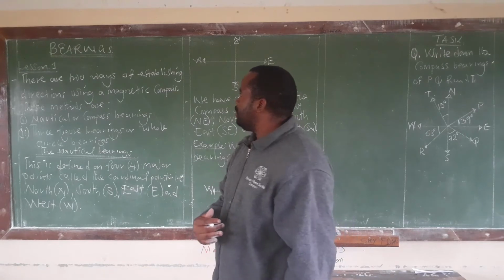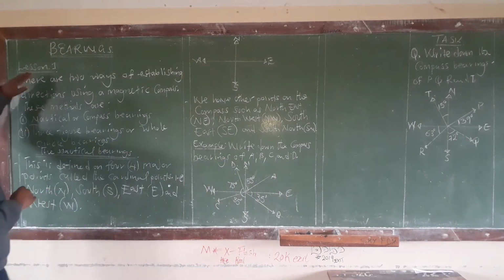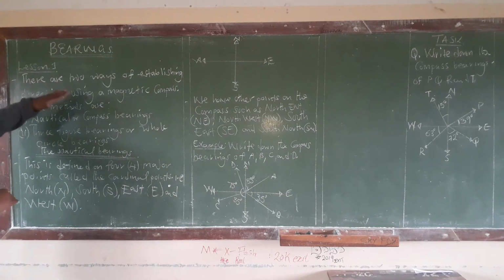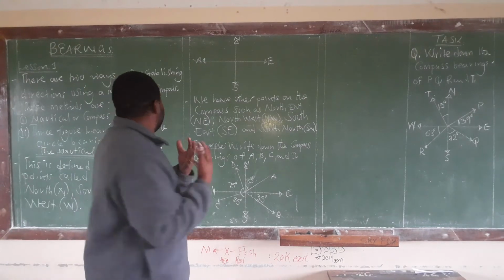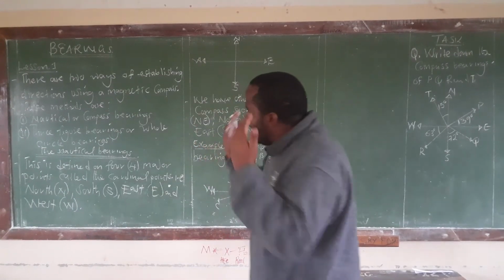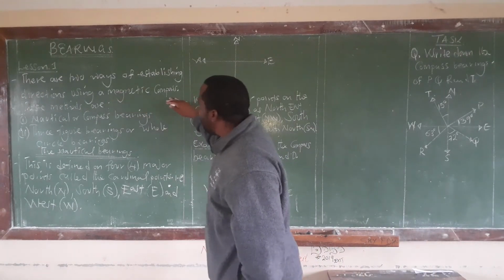Okay, so now, what are we saying? What we're saying is, there are two ways of establishing directions using a magnetic compass. So, for you to be able to identify the direction, you use what we are calling a magnetic compass.